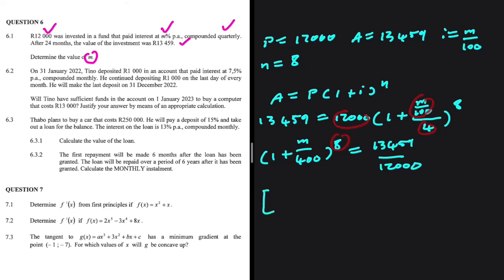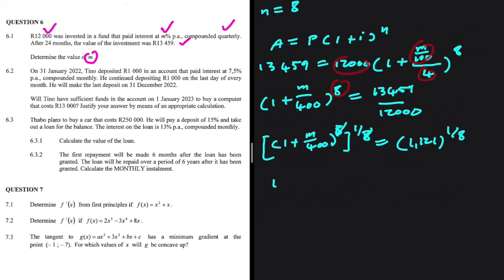On the left hand side, we're going to have 1 plus M divided by 400, everything to the power 8, everything to the power 1 divided by 8. We want 8 and 8 to cancel out, but we have to do the same thing on the right hand side. On the right hand side, we're going to have 1.121 to the power 1 divided by 8.